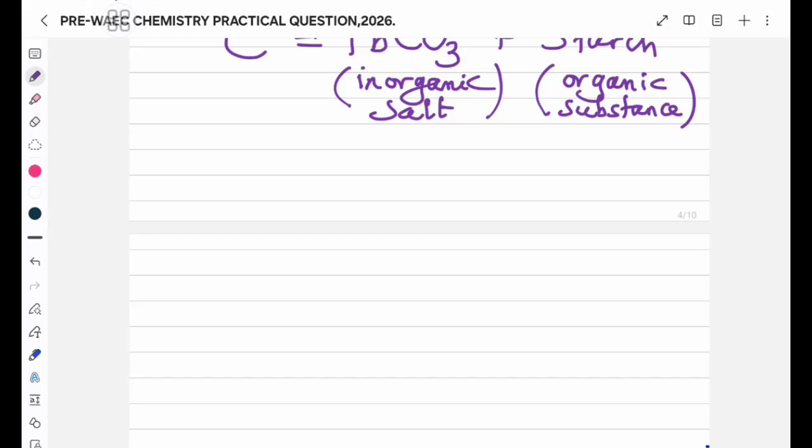The second thing I want you to observe in this test is this: when the mixture is later filtered, number 1, the lead carbonate will remain on the filter paper as a white residue because it is not soluble in water. Number 2, most of the starch particles may also remain on the filter paper.